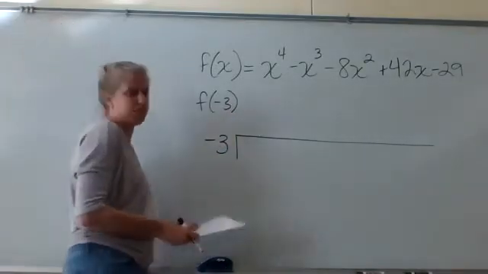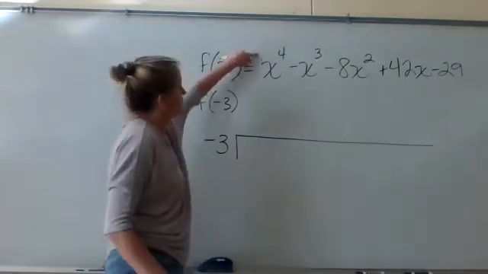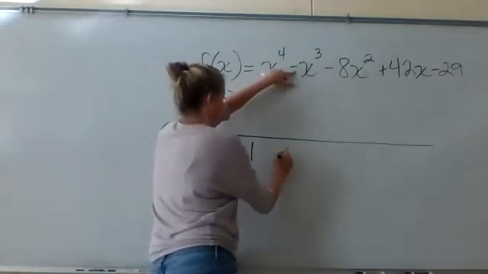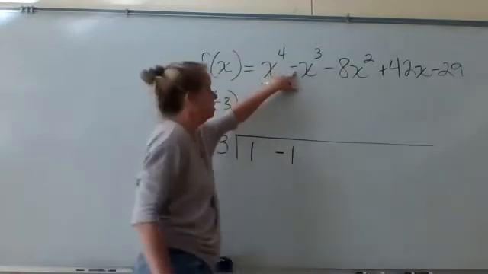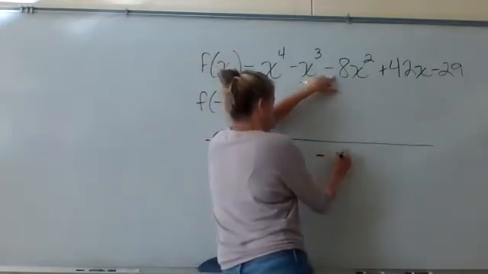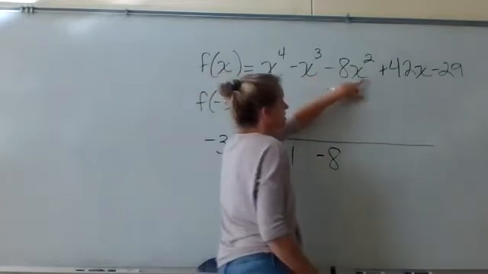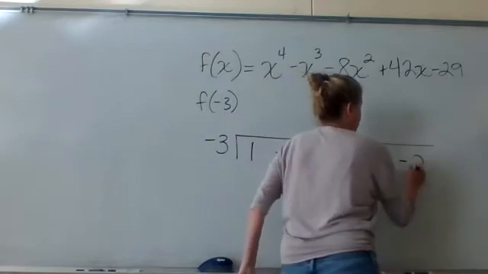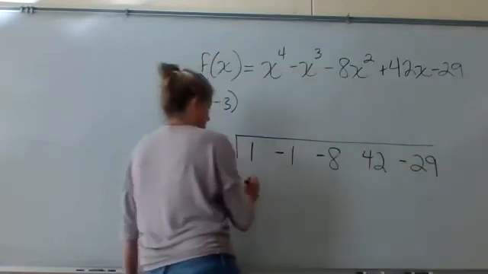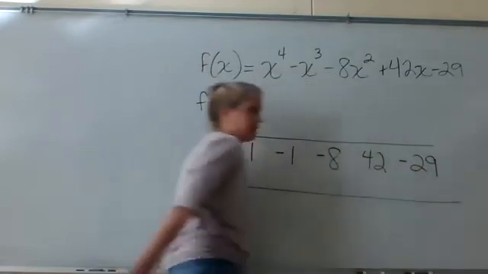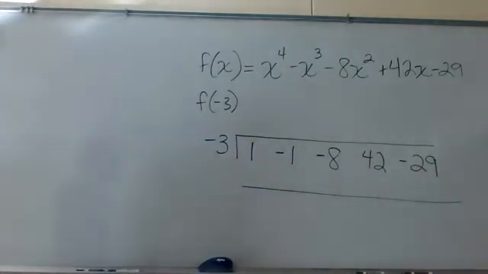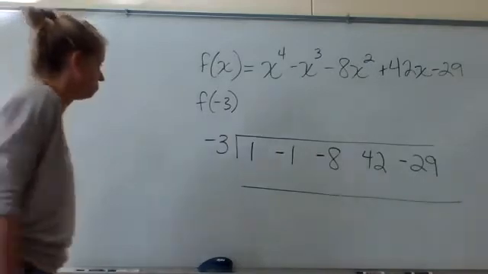So using my coefficients again, I would have a 1 in front of x cubed is -1. In front of x squared is -8. In front of x is 42, and then the constant is -29. So let's see if we use -3 and solve it with synthetic division if it gives me a 0.